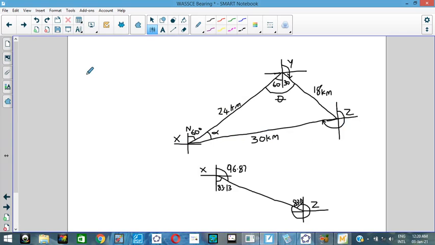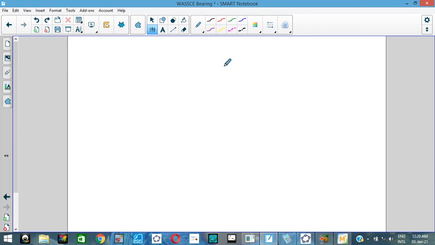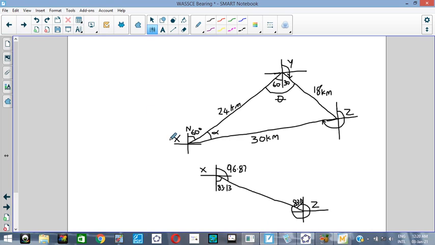If I want to do that, I need to go to a new paper. Then Z is going to be down somewhere here. So that is X, Y, Z.